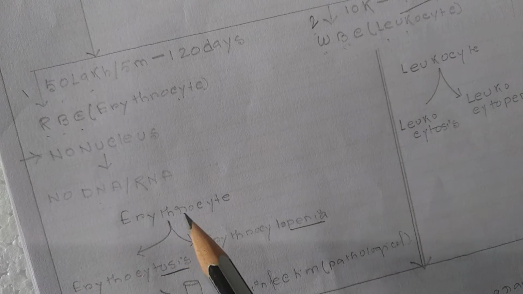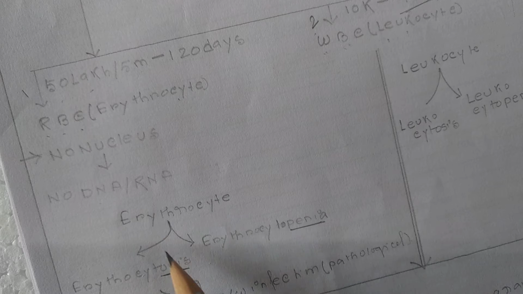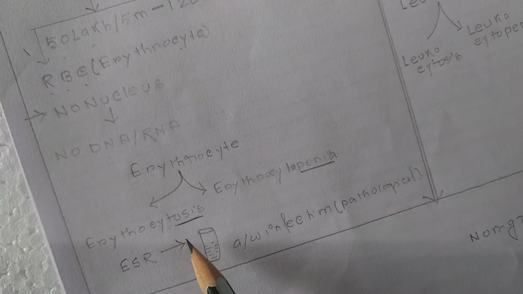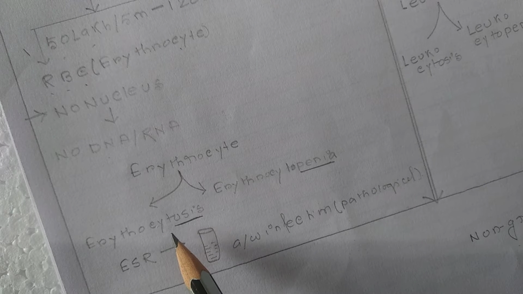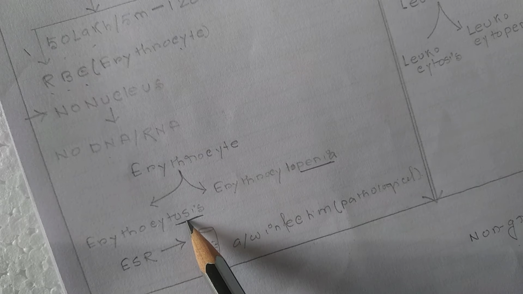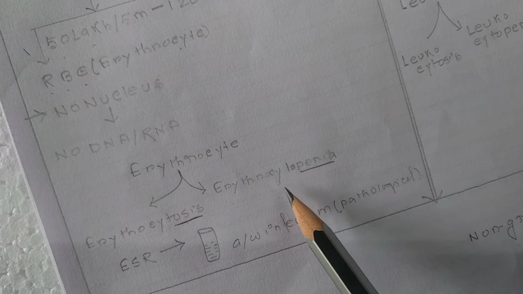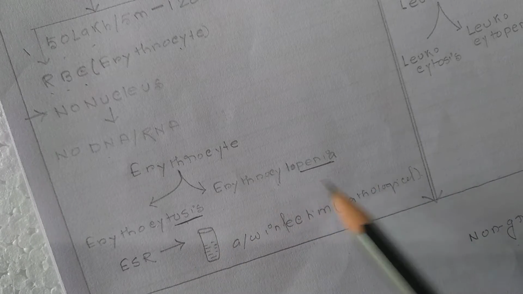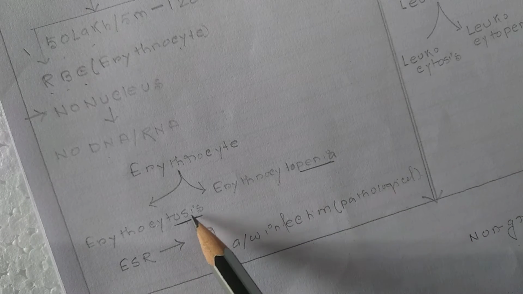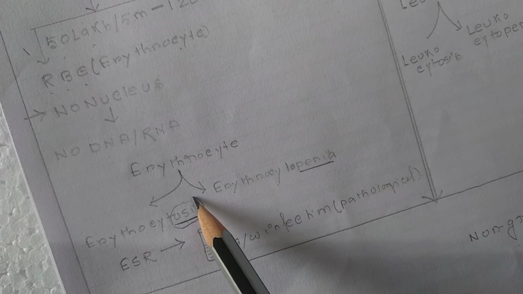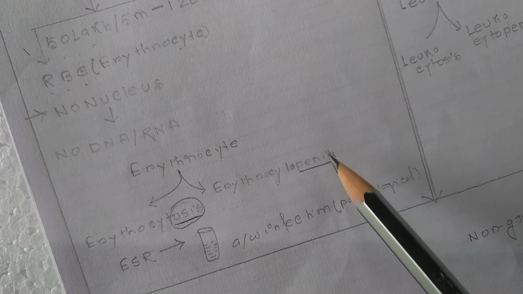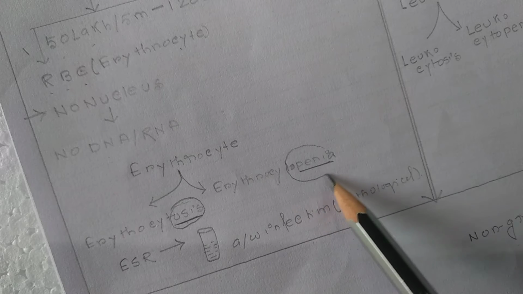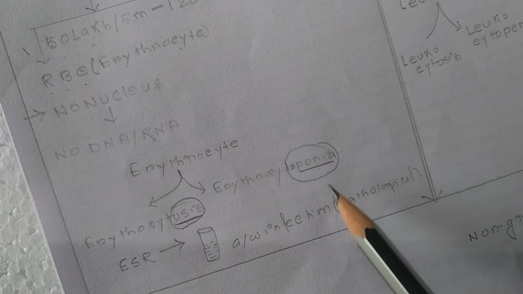RBC is otherwise called erythrocyte. If erythrocytes are more in our blood, meaning more are synthesized, that is called erythrocytosis. When they are less than required, that is called erythrocytopenia. Cytosis means increase, cytopenia means decrease.